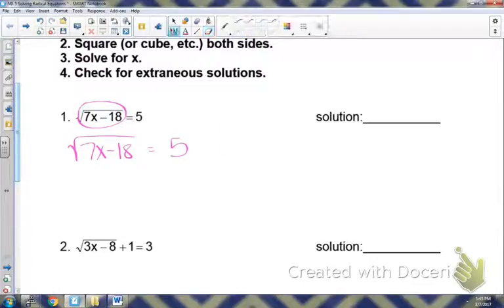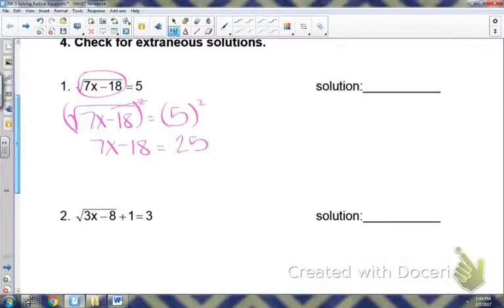We are taking the square root of something, so the opposite of that is to square it. So I'm going to square both sides, because whatever I do to one side, I have to do to the other. Whenever I have a square root and I square it, it just cancels out. I'm just left with the radicand, which is 7x minus 18 equals 5 squared, which is 25.